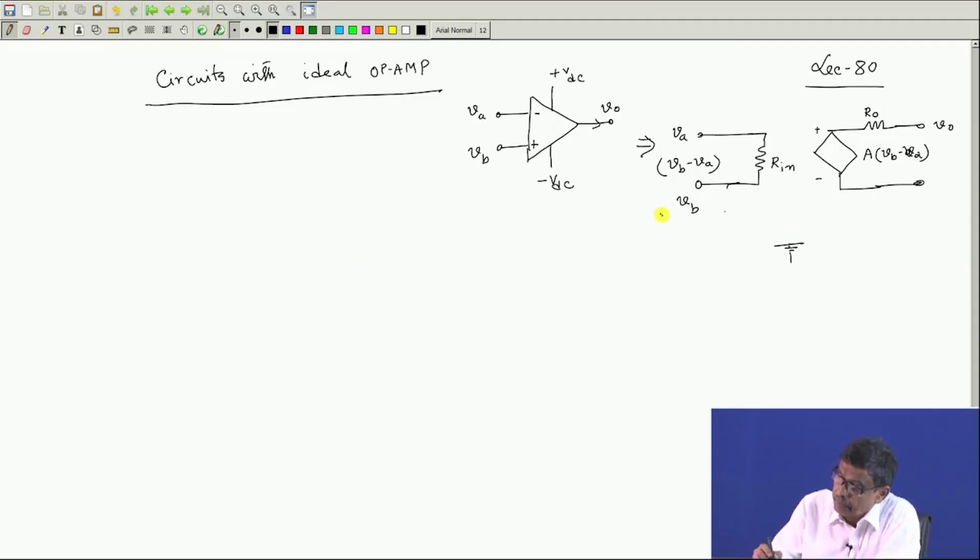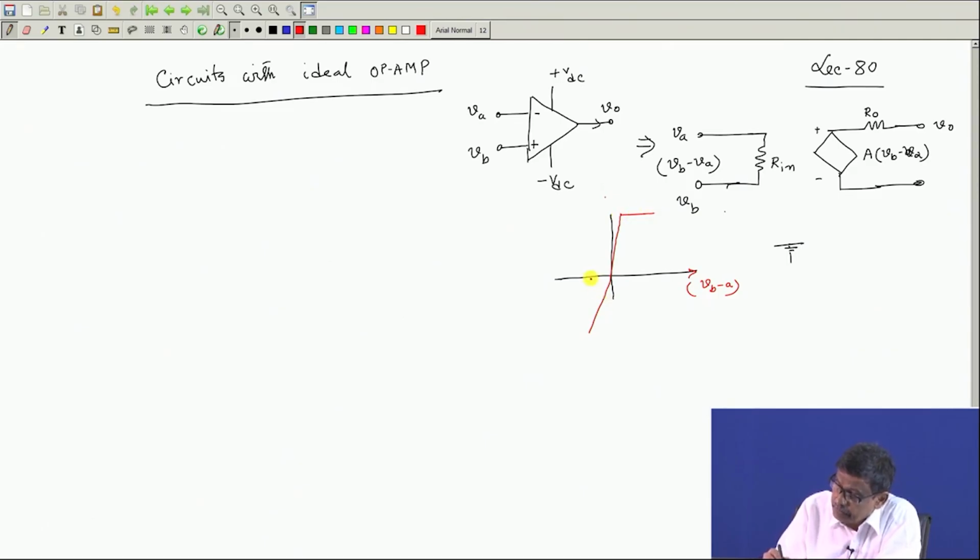But the point is that the gain of this op-amp will be very large. If you sketch the output against VB minus VA, it will be like this.